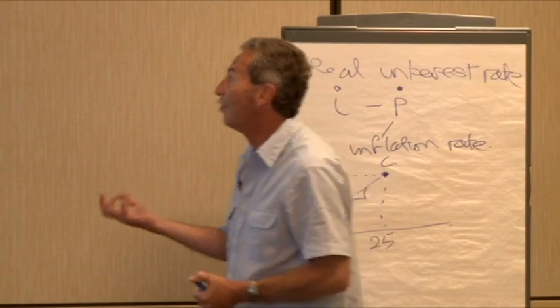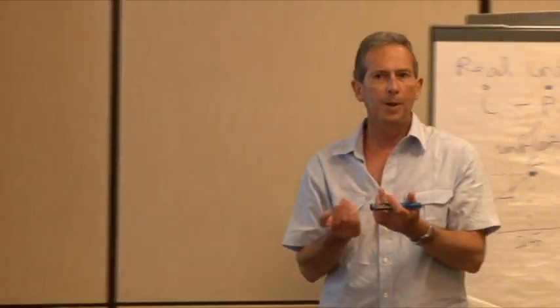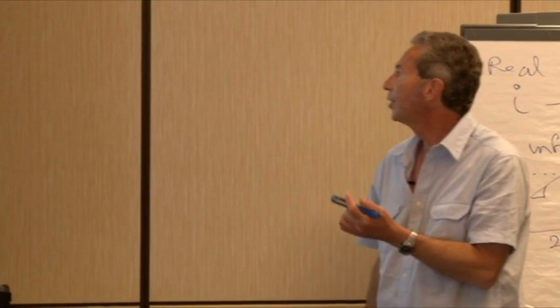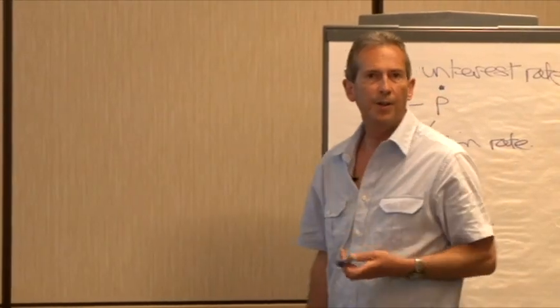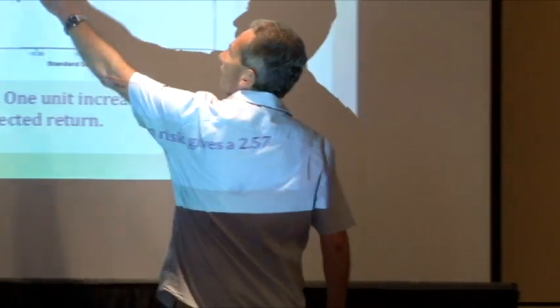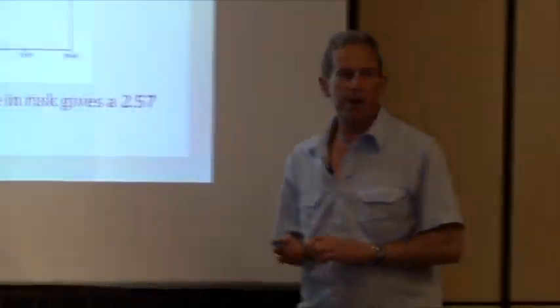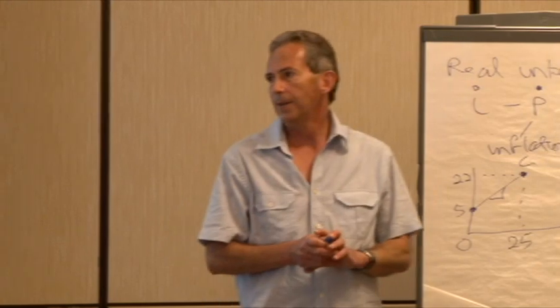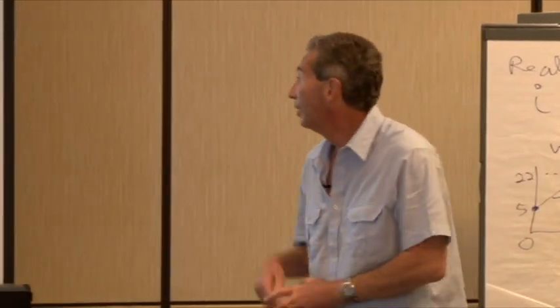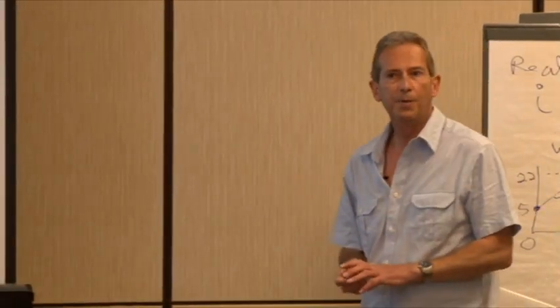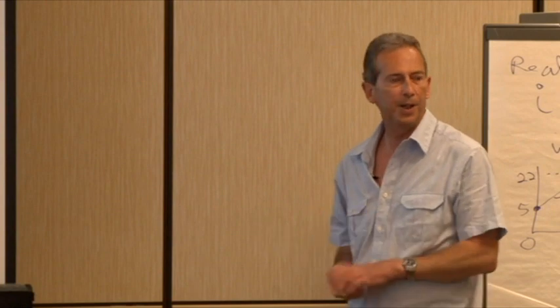So for a given level of risk, you're getting a much better return as a consequence of constructing portfolios, as a consequence of diversification. And again, in terms of the example, it's the combination of B and E that would give us the best return given risk in this particular example.